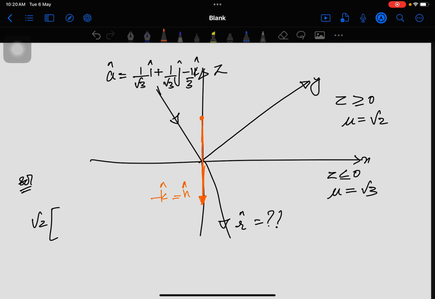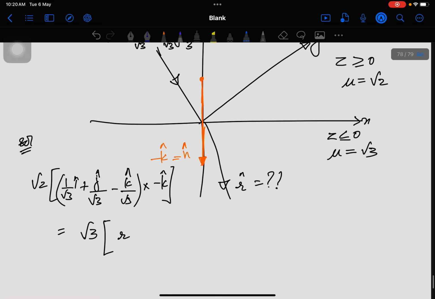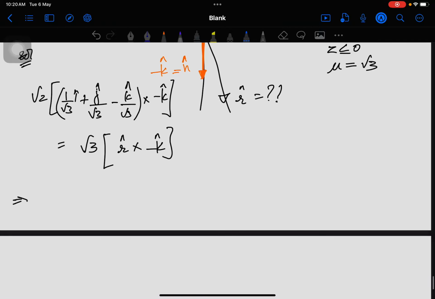Substituting the value, 1 by root 3 times (i j k) cross minus k cap is equal to, in the other media, root 3 times, we do not know this r cap, cross minus k cap. That's all, our job is done.